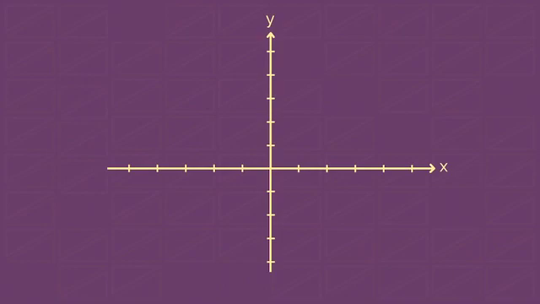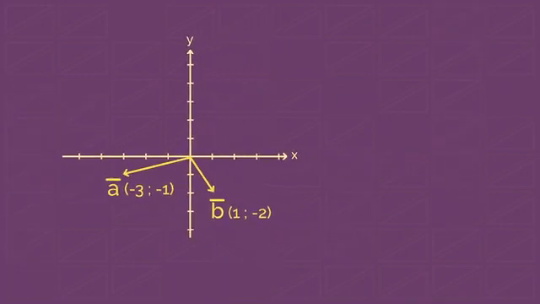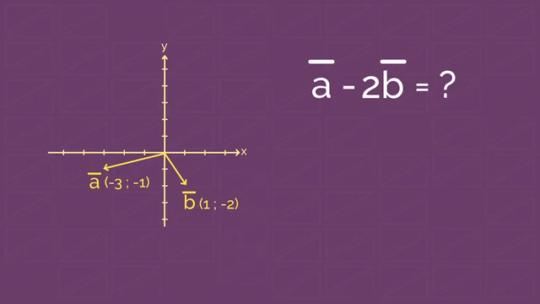Now let's use this new knowledge. There are two vectors, vector A with coordinates -3, -1, and vector B with coordinates 1, -2. Find the vector A minus 2B and its magnitude. We can analyze it even without drawing, as it is one of the features of vectors we already know.